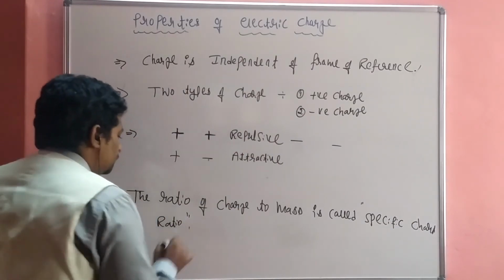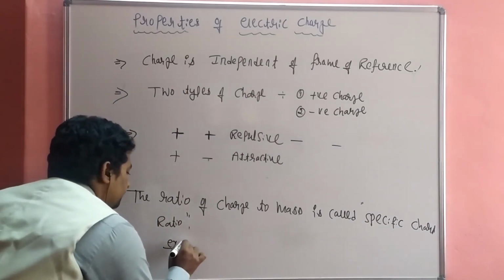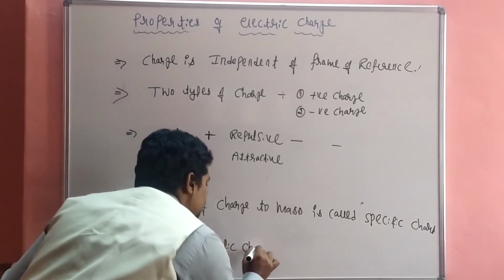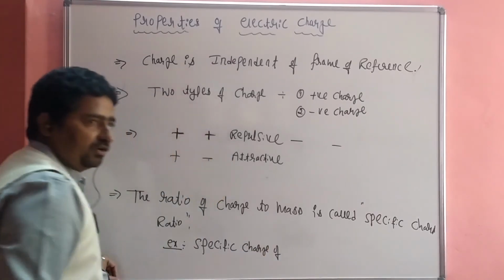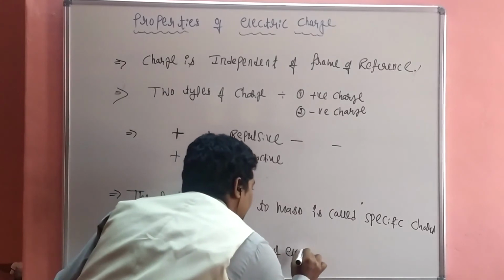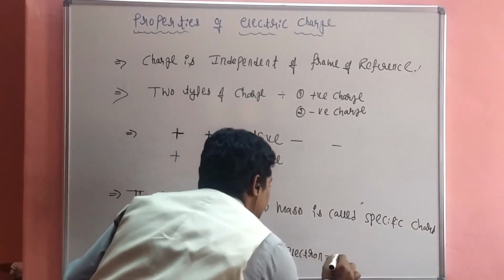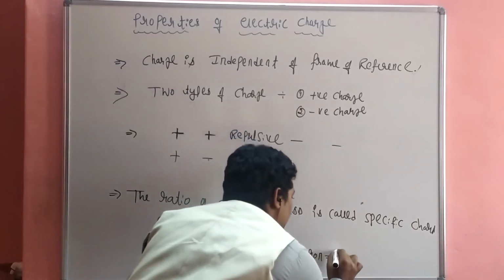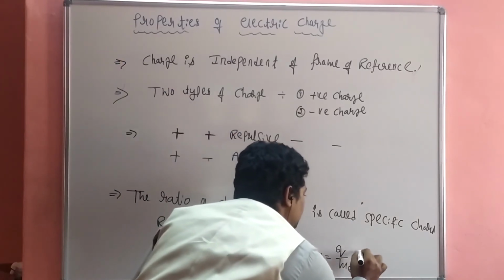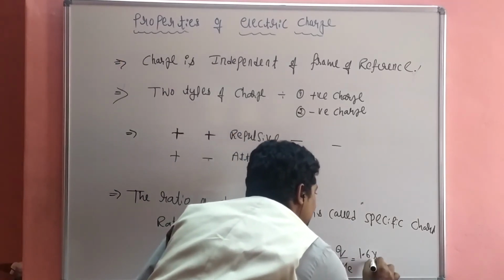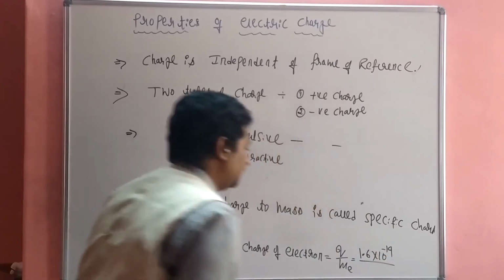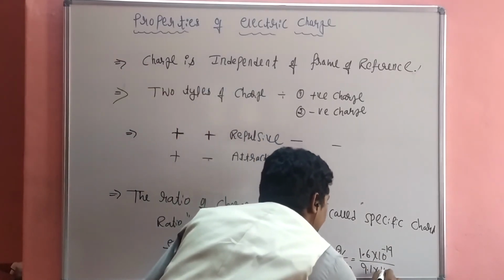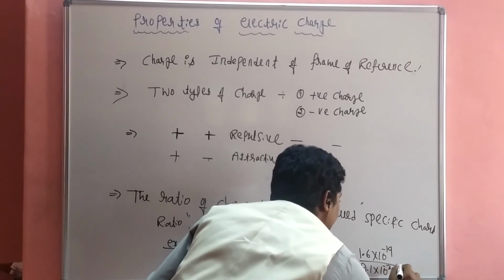For example, the specific charge of the electron is equal to the charge divided by the mass of the electron. The charge of the electron is 1.6 into 10 to the power of minus 19, divided by the mass of the electron, 9.1 into 10 to the power of minus 30.